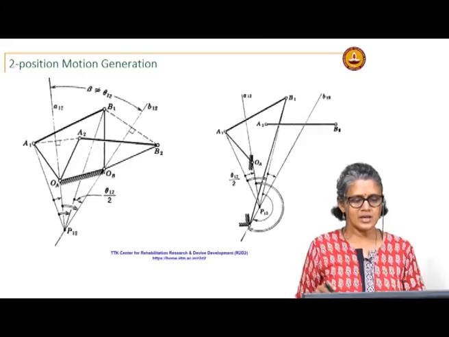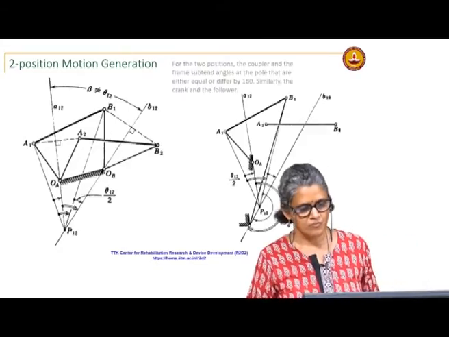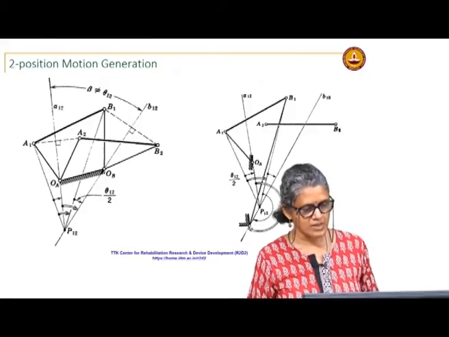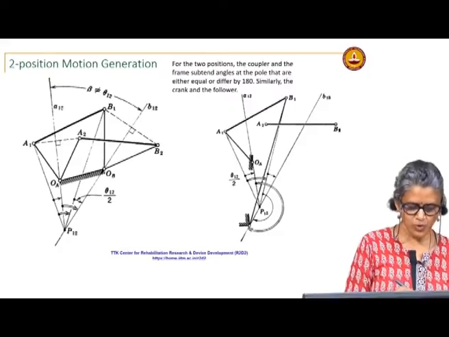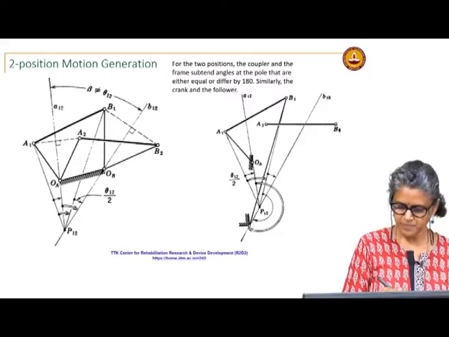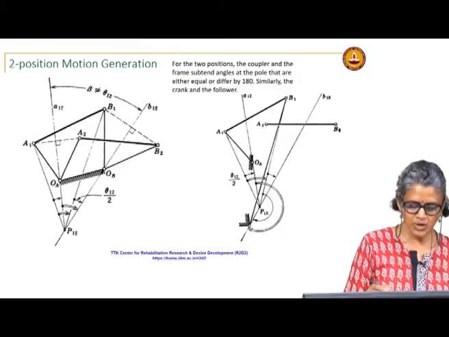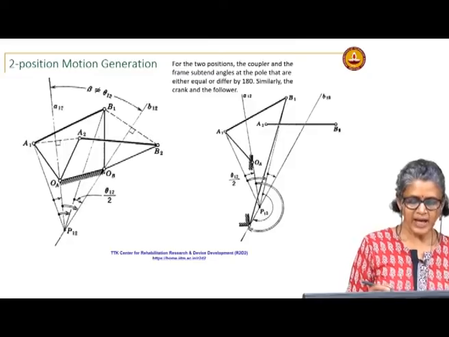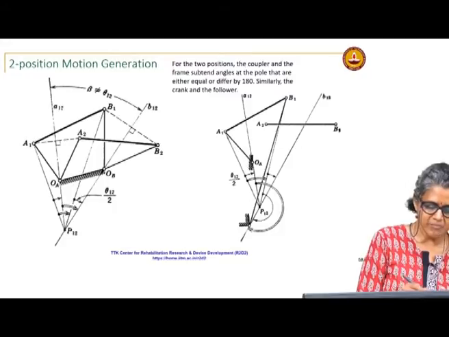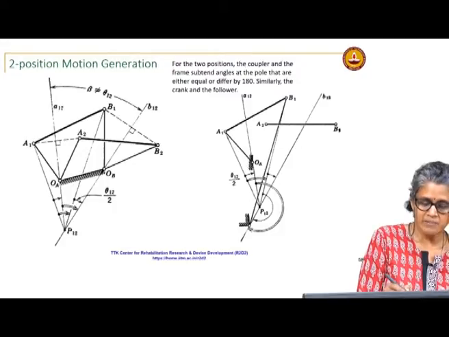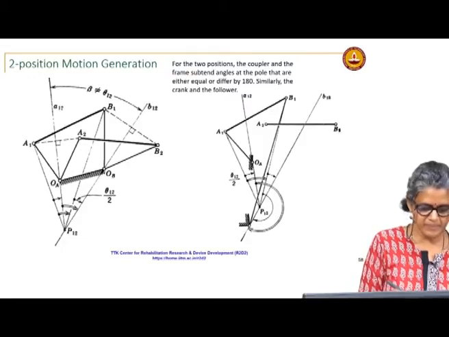So, one interesting thing that we will look at. Here I chose OA and OB like this with respect to the pole, and I look at the angle subtended by the coupler A1 B1 and the frame OA OB at the pole.